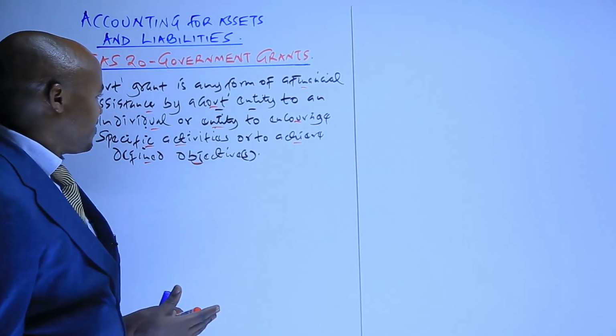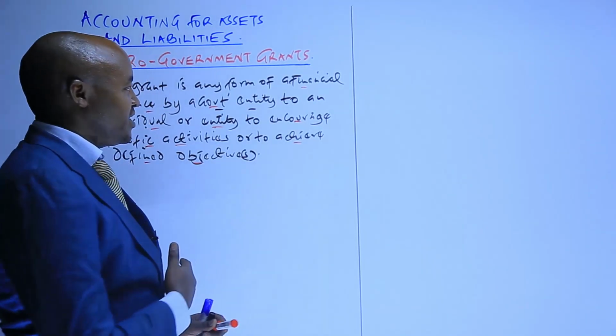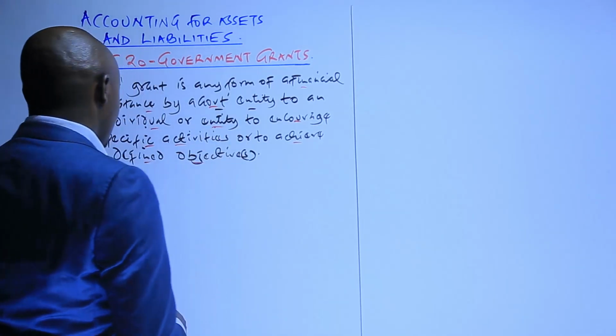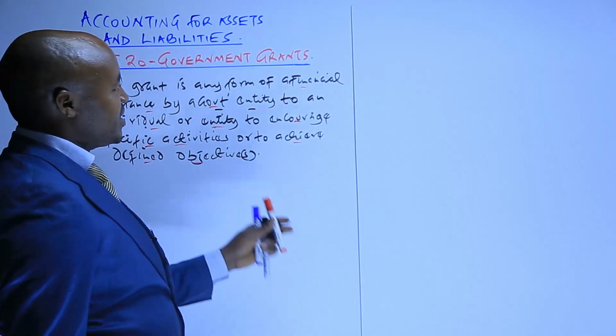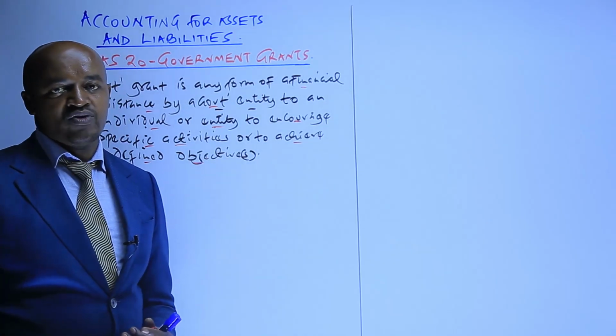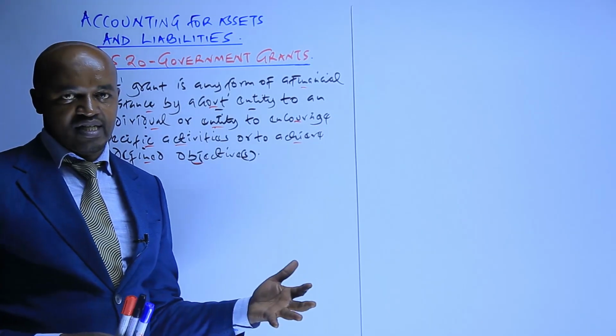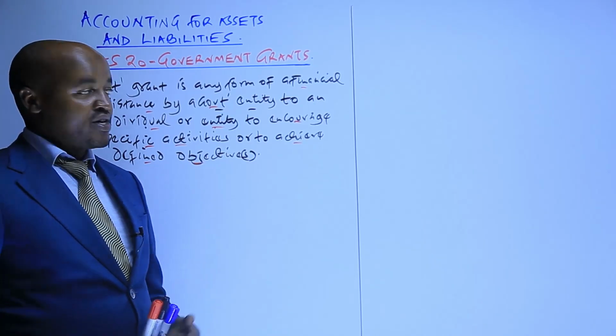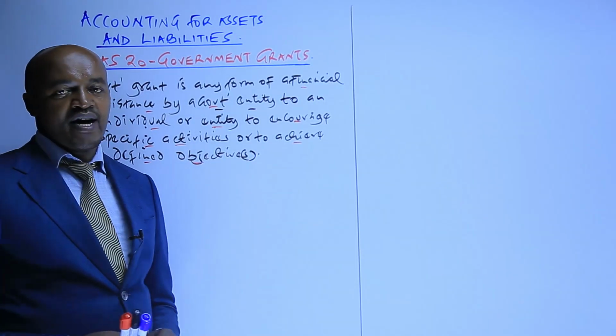So that financial assistance received by such an organization from the government is a form of government grant. Now, these government grants should be accounted for, or in other terms should be presented in the financial statement of an organization in accordance with International Accounting Standard number 20.